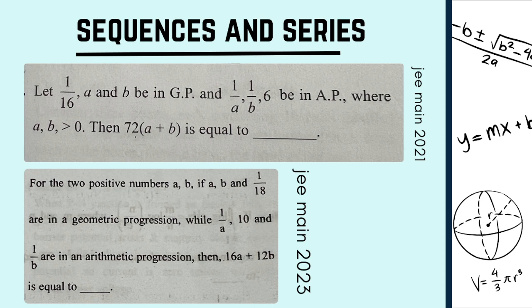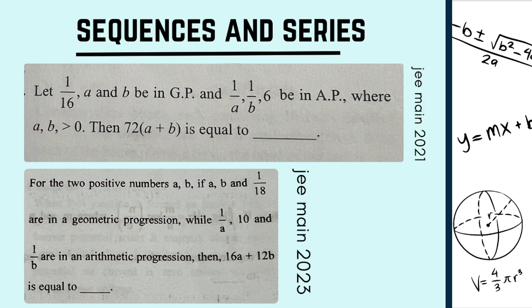Find 72 into A plus B. And about the other question, there are two positive quantities A and B. If A, B and 1 by 18 are in GP, while 1 by A, 10 and 1 by B are in arithmetic progression, then find 16A plus 12B. As you can see, the question is almost the same. The pattern of solving is almost the same.